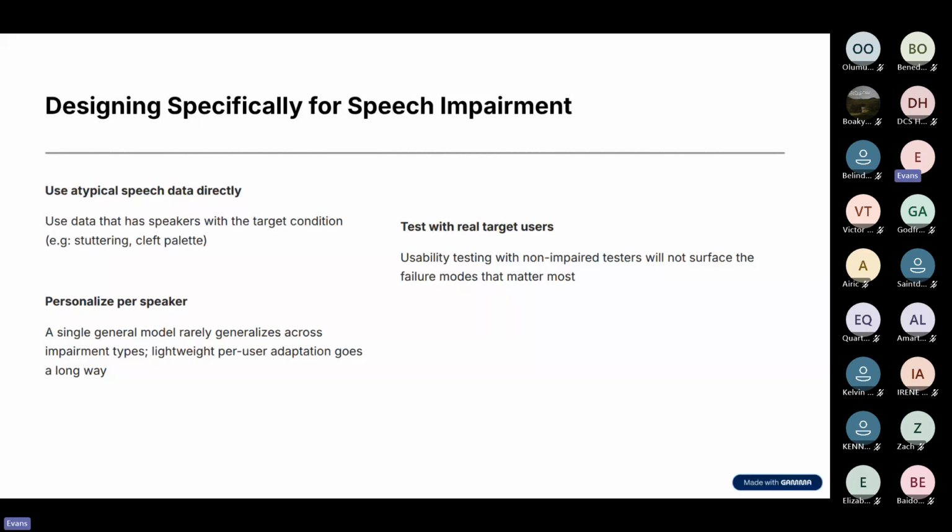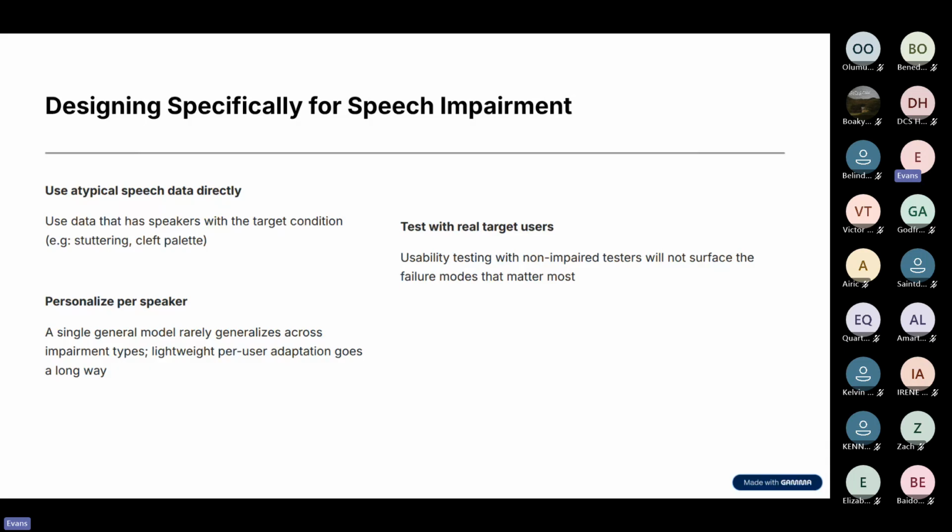So I know you have computer vision as part of the mentorship modules. That would be helpful for people who want to design something for sign language. Yeah. So with this one, we are looking at speech.